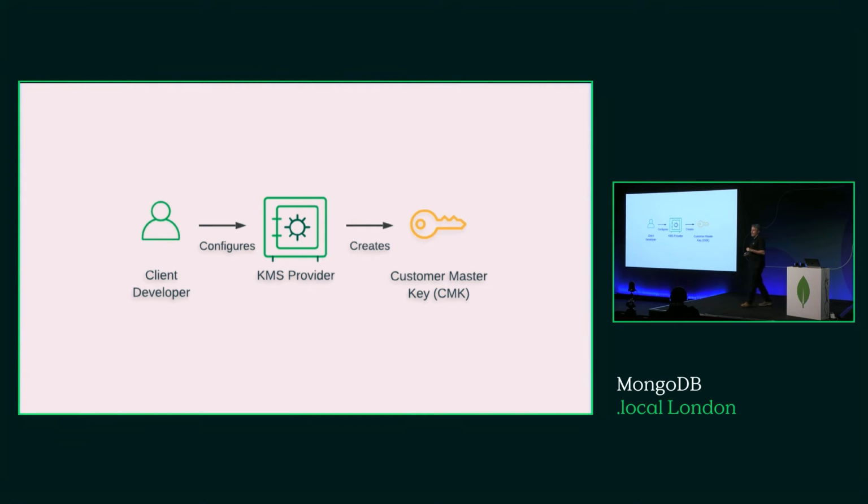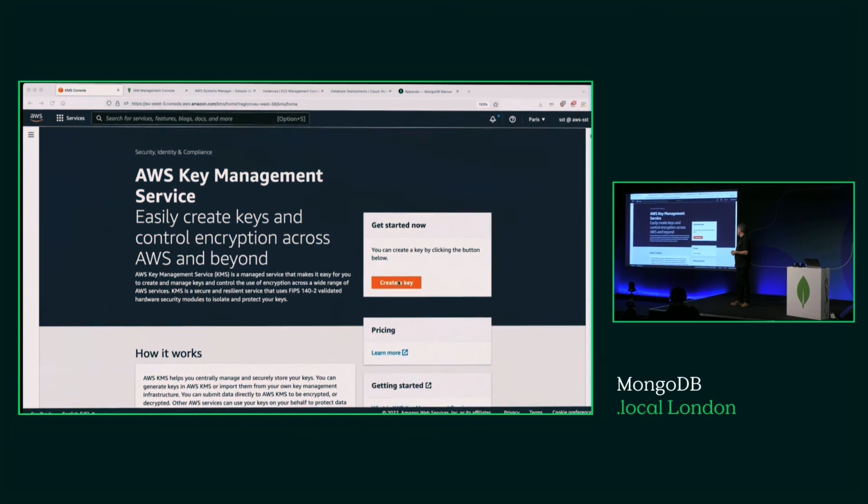As a developer, you have two things to do. You have to create the master key, because the MongoDB driver will not create the master key inside KMS. And you also need to create the policies, so the permissions to use that key. How to do that?